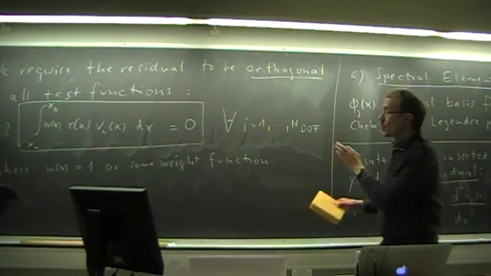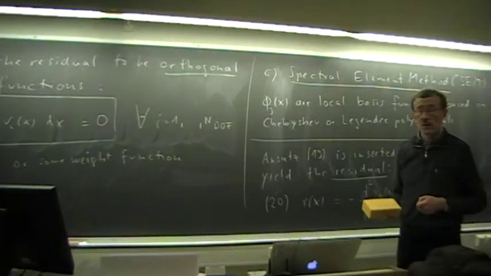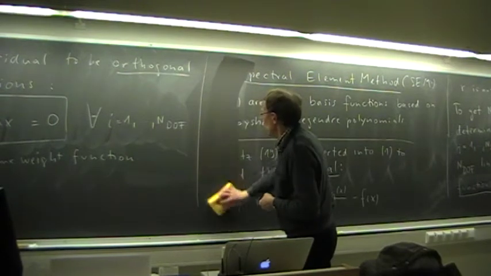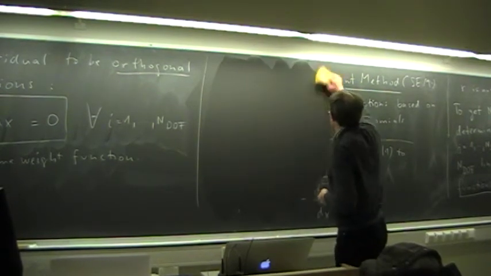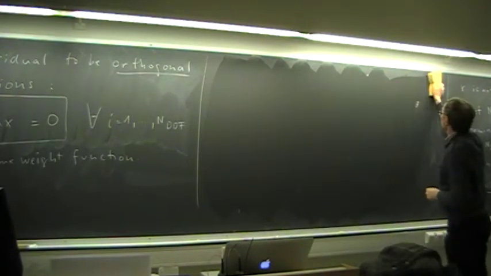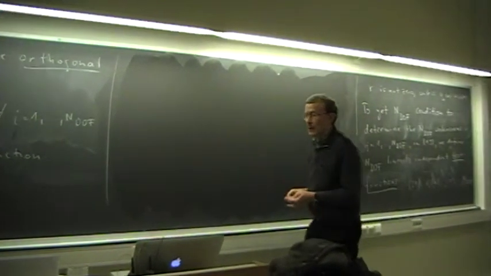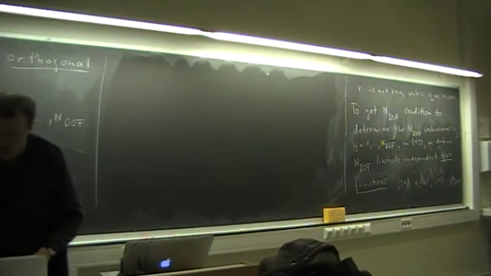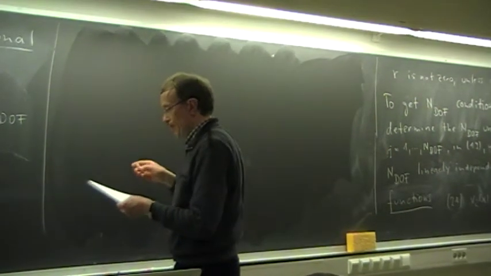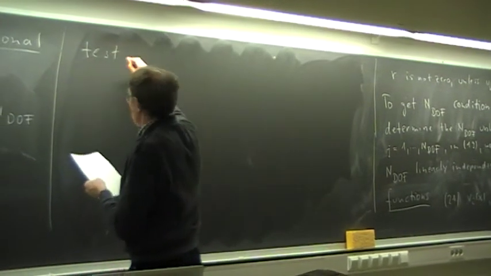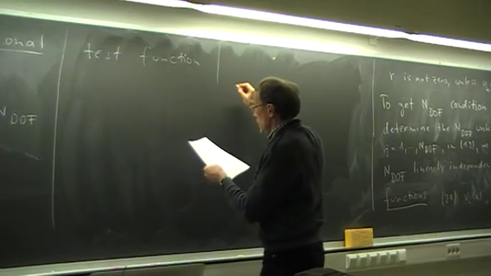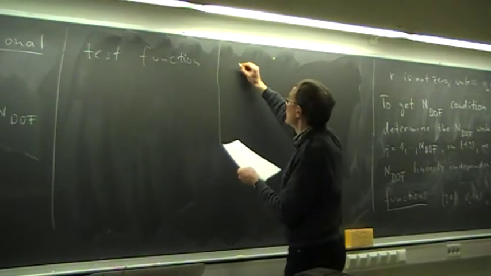Now, there are different choices of these test functions, and each choice gives essentially a different method. Let me just give you that briefly in a table of the test function and the type of method.